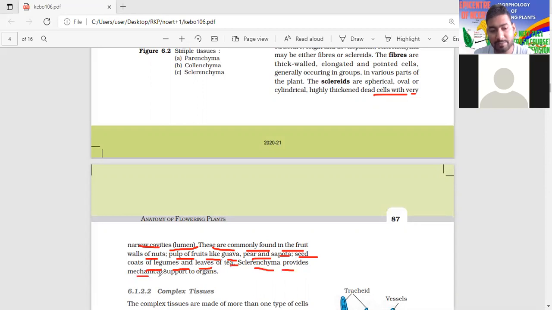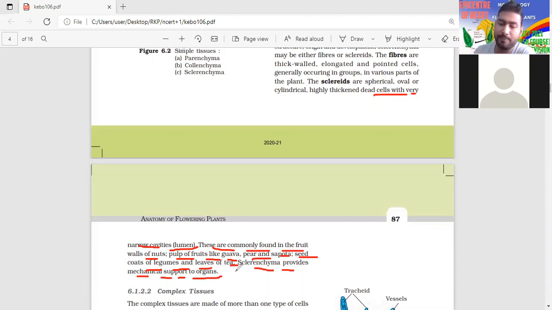Sclerenchyma provides mechanical support to organs. Sclereids are also classified on the basis of their shape: astrosclereids, brachysclereids, osteosclereids, macrosclereids and trichosclereids. This is given in your state board book but not in your NCERT, so I will not talk about the detail.